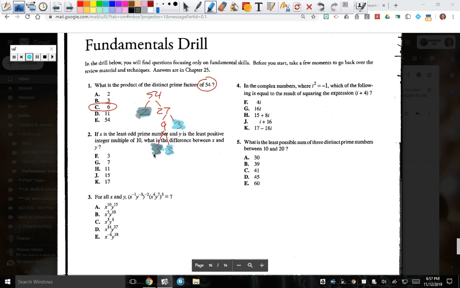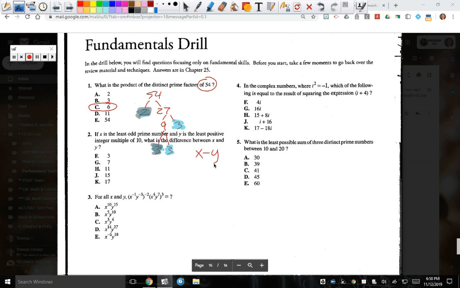You with me? Okay. If x is the least odd prime number and y is the least positive integer multiple of 10, what is the difference between x and y? We want to know what is x minus y, but we first have to find out. x is the least odd prime number, and y is the least positive integer multiple of 10.